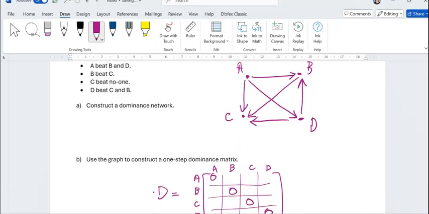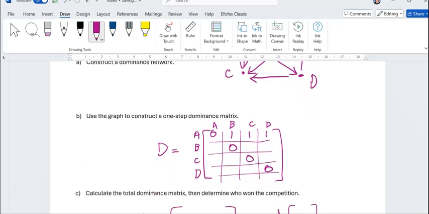We can get our information from our diagram for where the ones go. A does beat B, so we put a 1 in that spot. A also beats C, and A also beats D. The 1 is representing a win, the 0 is representing a loss in this case.